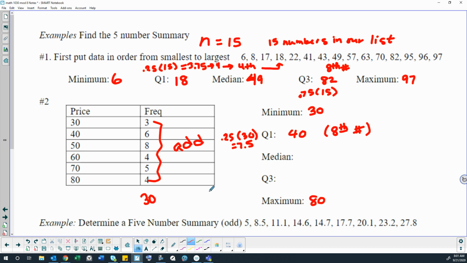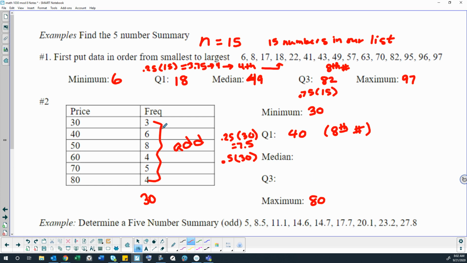Okay, median. Median is the middle number. Now, if you have an even number of numbers, is there a middle number? No, so we have to do the average of the 2 middle numbers. We can also just use our 0.5 times 30, which gives us 15. So where would the 15th number be?